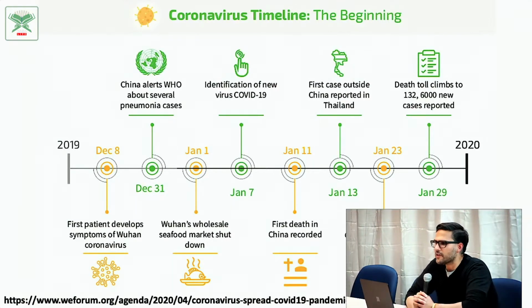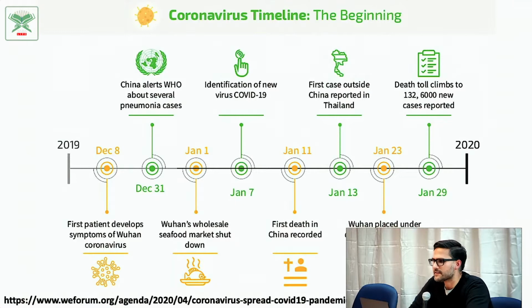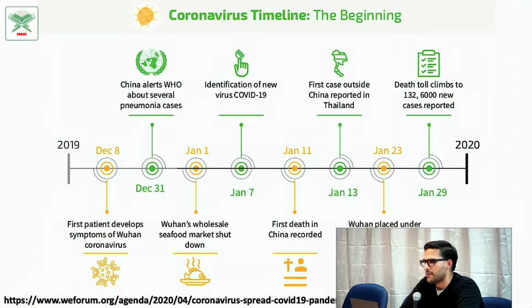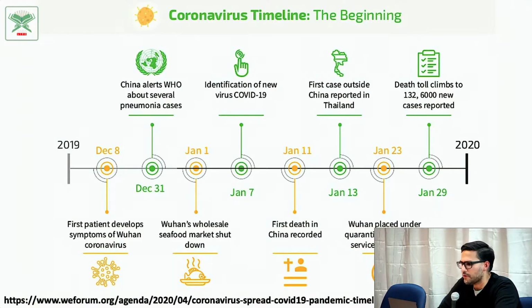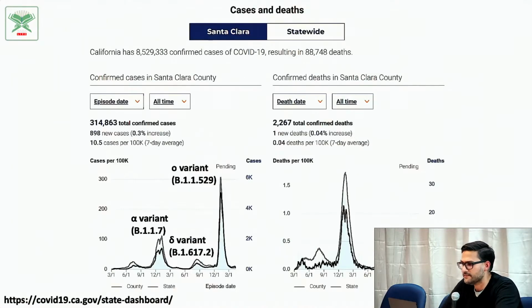And about a week later, they identified that it was from a new virus called SARS-CoV-2, with the disease that it caused called COVID-19. And 2 weeks after that, on January 20th, there was a first case in the United States. And that case was actually identified in Washington State, where I was residing at that time. And within 2 months, the whole world had shut down. That's what we've been living through for the last 2 years.